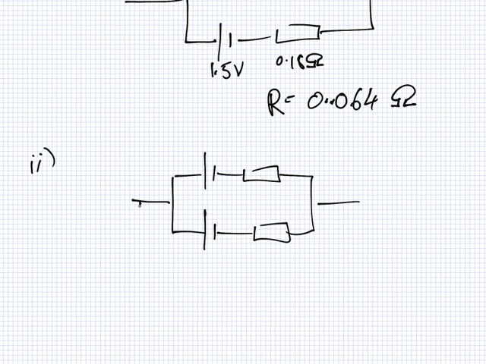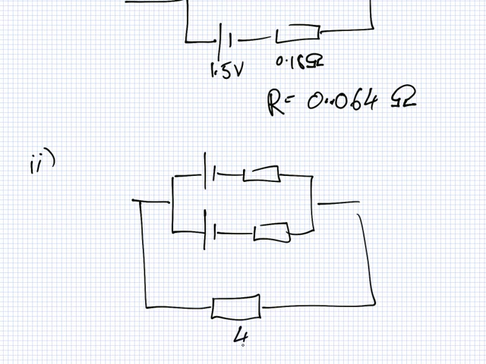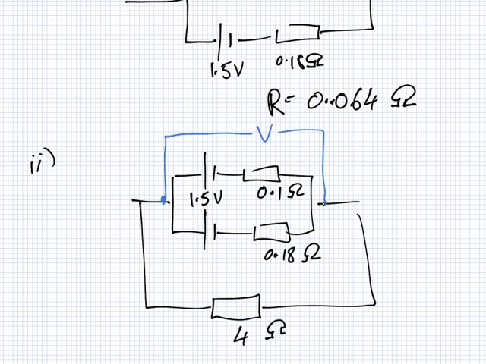Okay. And this is a 4. 4, 0.18, 0.1, and these are both 1.5. And we're looking for the voltage here, which is actually the same thing as the voltage here.